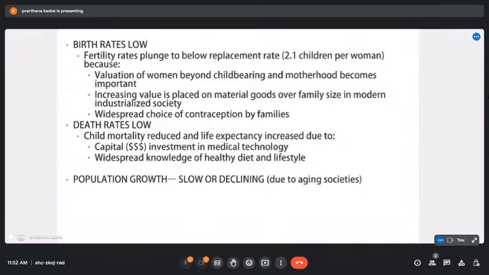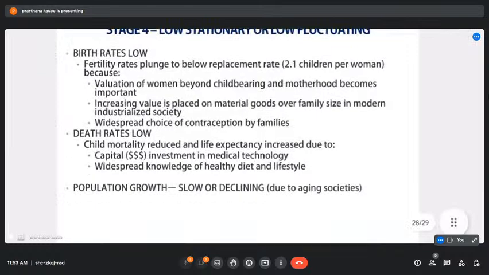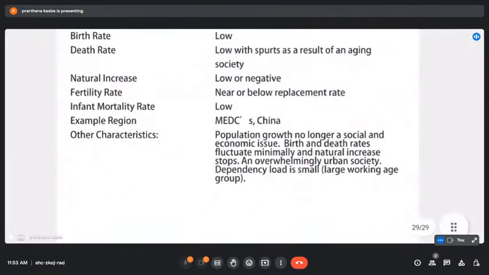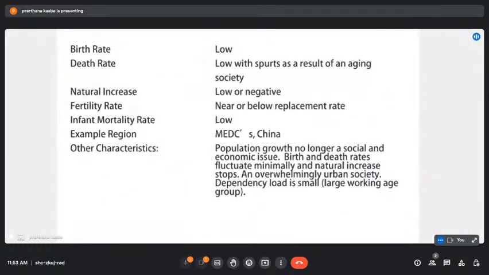Population growth is slow or declining due to the aging society. In short, in stage 4, the birth rate is low and the death rate is also low, with a spurt as a result of the aging society.